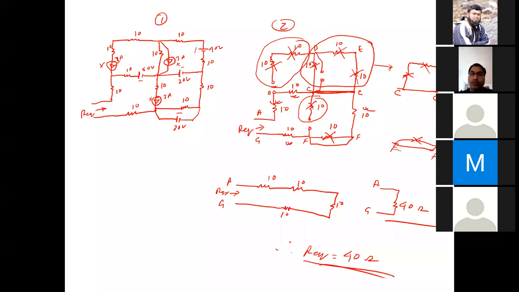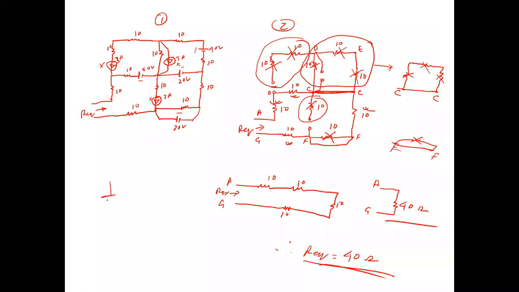This is the current source and this is the voltage source. This is the voltage source, this positive and this negative. This is one type of voltage source, another type is this positive and negative, this also is a voltage source.